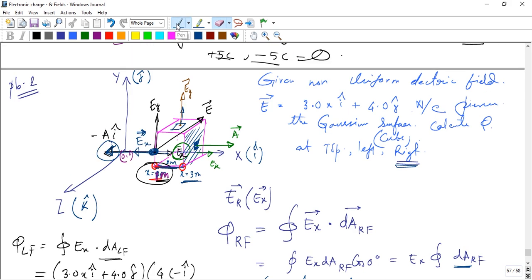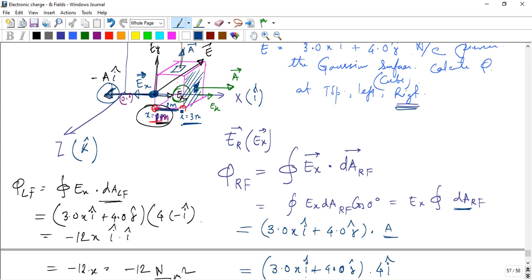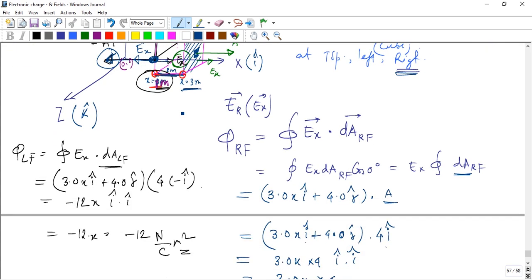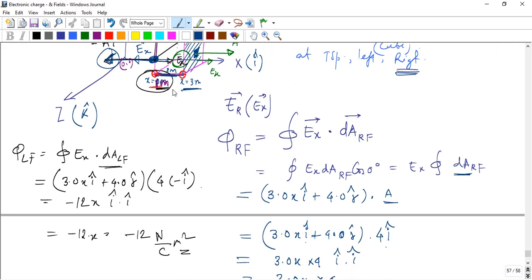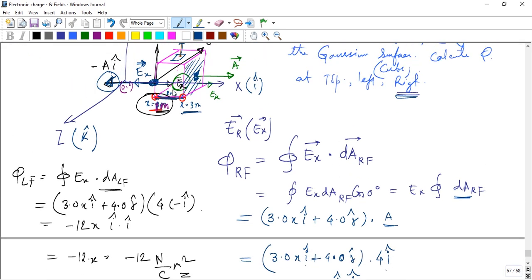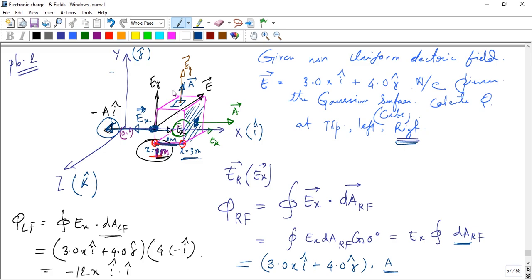Both E y and the area are in the same direction. So for the top face both are the same, so we get E y times the top area, and that is also cos 0.